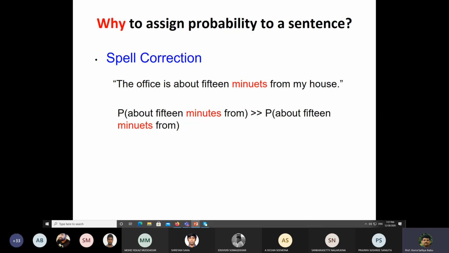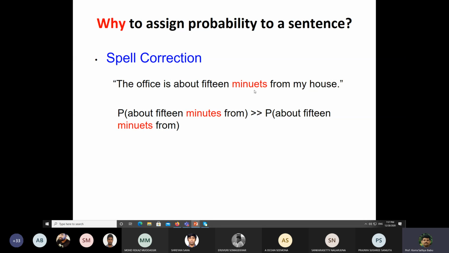Here it is written minuets, or minutes. What we have to see is whether we can replace this red word, minuets, with any other word.